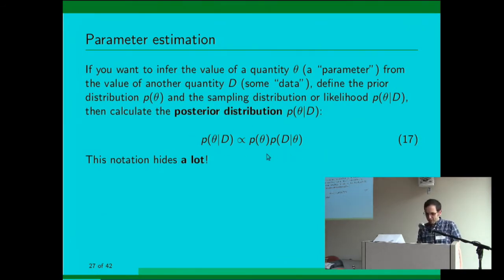And I've changed a lot of things, and this is a very dodgy notation that we all use, which doesn't make very much sense. But the way you can read it is that the posterior distribution for theta given d is proportional to the prior distribution for theta times the likelihood, which is the probability of the data as a function of theta.